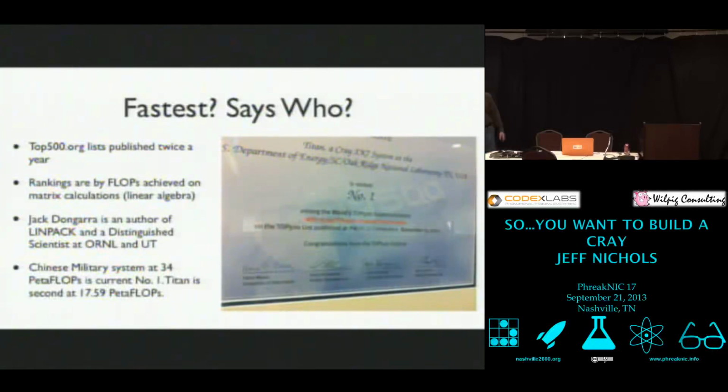He's a distinguished scientist at ORNL and a distinguished professor at UT, and his signature is here. He's one of the founding fathers of scientific computation. Currently, the Chinese military is ranked #1. That was a list that just came out like a month ago. It's issued twice a year.